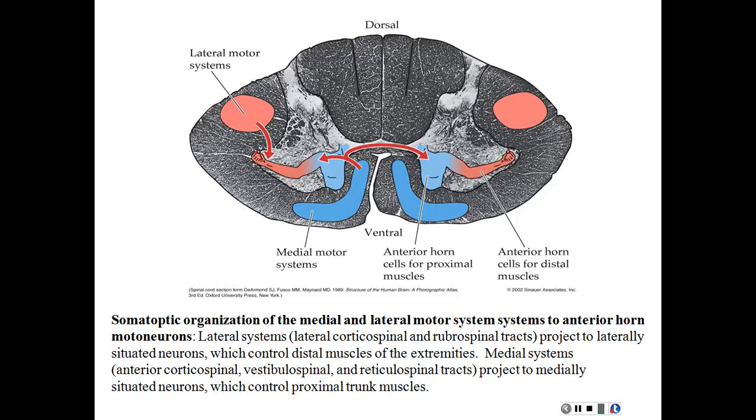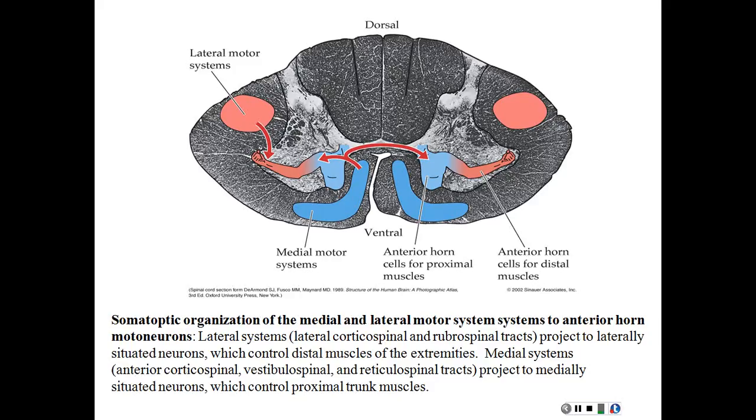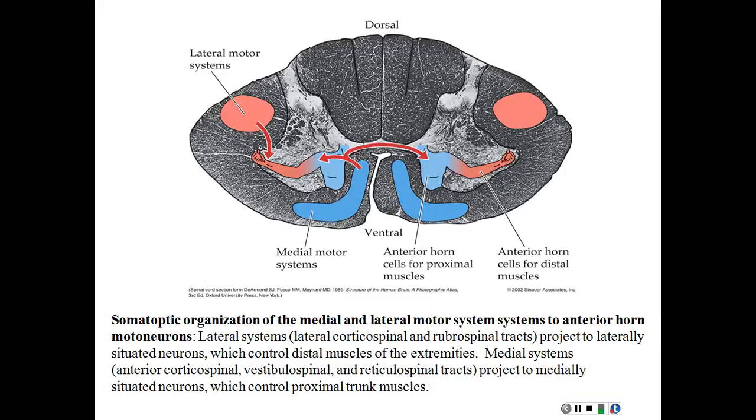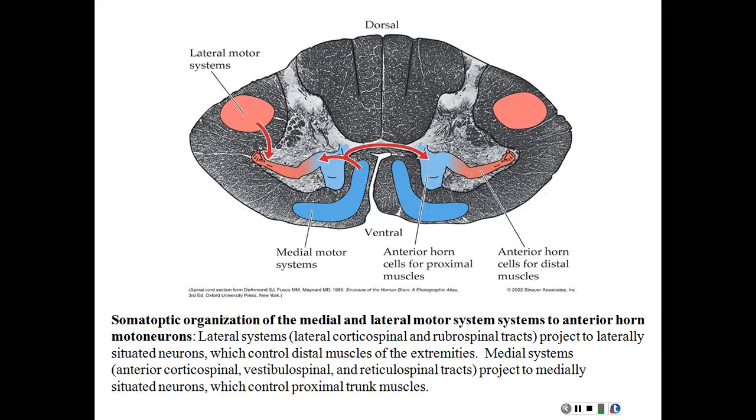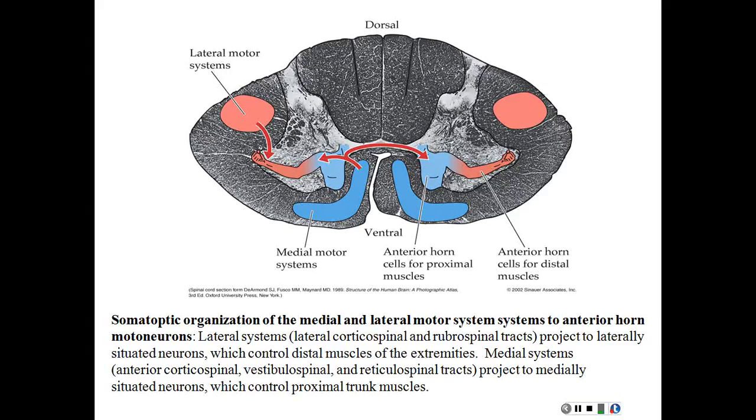And if you think lateral versus medial, well, you only have to worry about lateral. So in the lateral, motor neurons that are located here are receiving direct inputs from who? Lateral corticospinal. And these medial neurons in here are receiving inputs from anterior corticospinal.